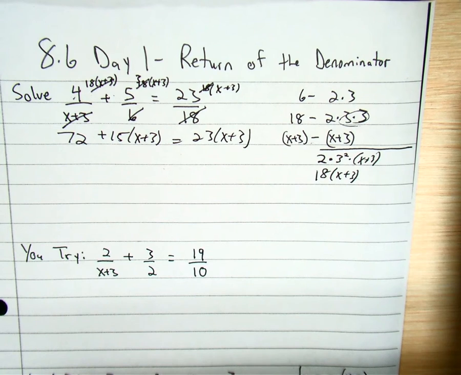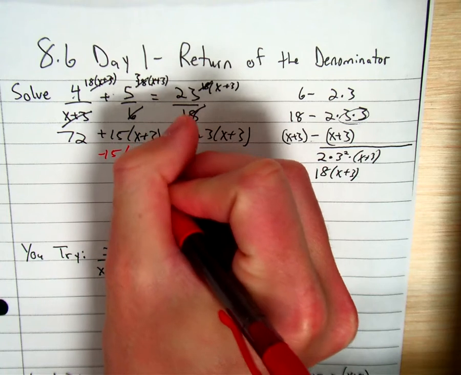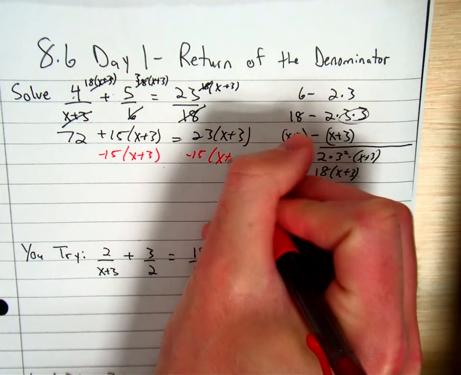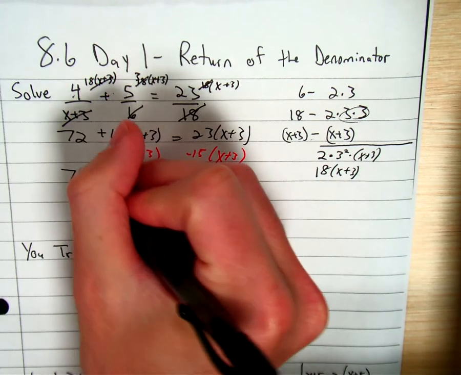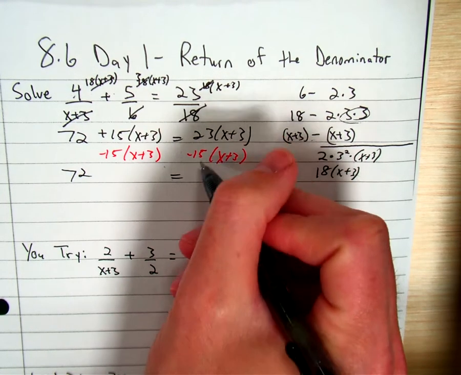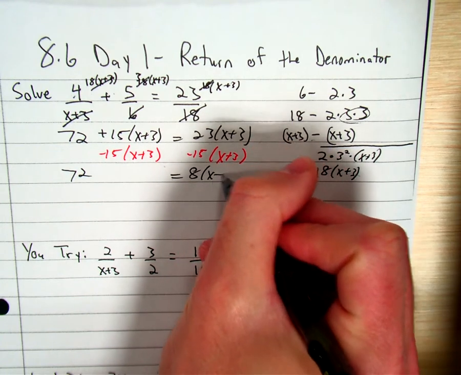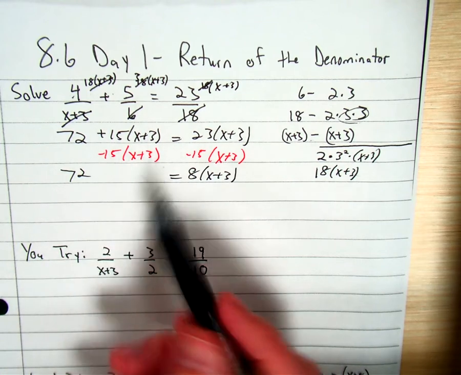Why don't we just subtract 15 times x plus 3, save ourselves a little bit of work. So 23 of this minus 15 of this is just 8 of that. Much easier to work with, and we saved ourselves a bunch of combining up here.